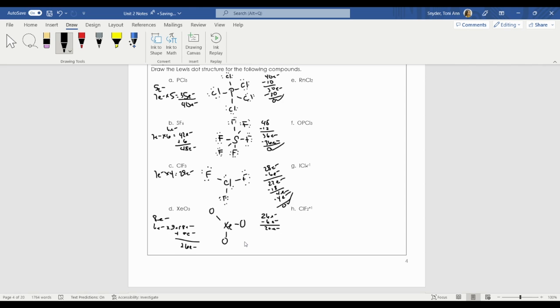Okay. Here's where a little bit of wisdom starts to come into play. Oxygen always wants to bond 2 times. So in order for oxygen to satisfy its octet rule, we have to remember that it has to bond twice each. So in that case, there's another 6 electrons, which gives us 14 that are left.